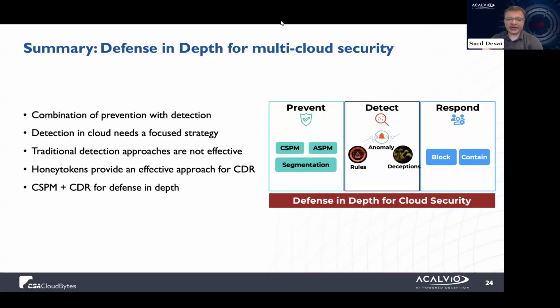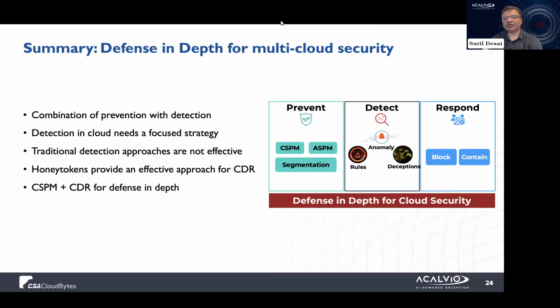So threat detection in the cloud needs a focused strategy. Traditional detection approaches have significant challenges, especially because of the unique characteristics of cloud workloads and the volume of the logs. Honey tokens provide a highly effective and proven approach for cloud detection and response.